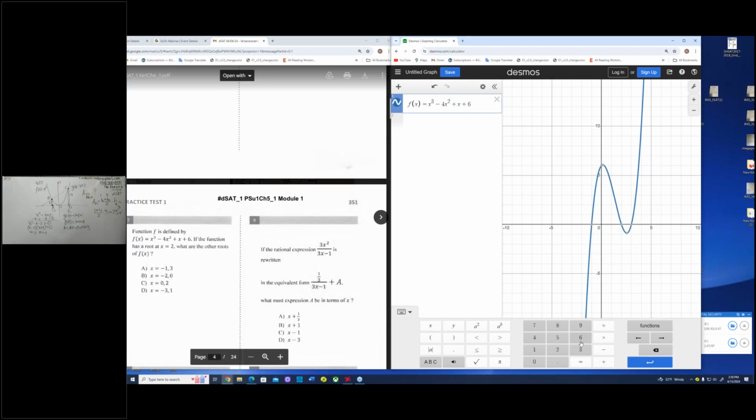Okay, and the question is, what other roots do we have here? First of all, like we did analytically, you can divide this function by another function. Or here, straightforward. Look at this. This is -1, this is 2, and this is 3.